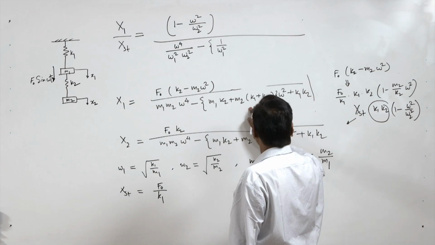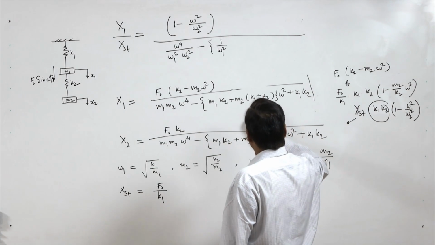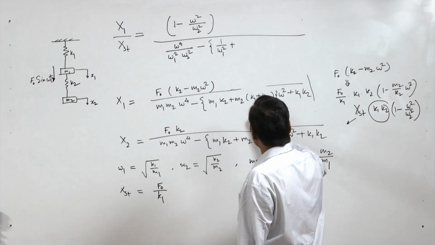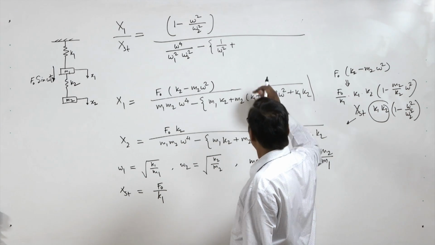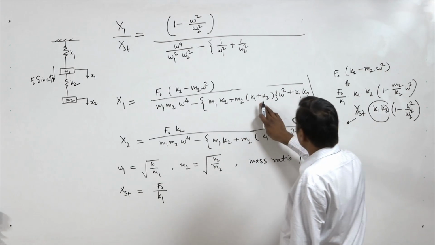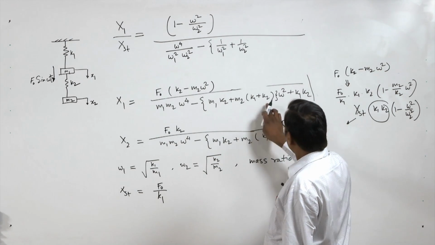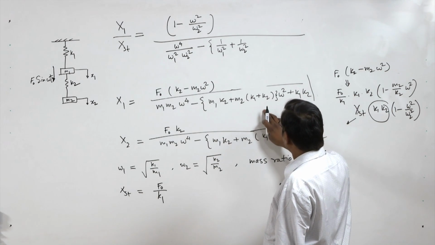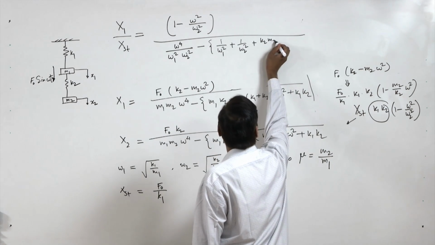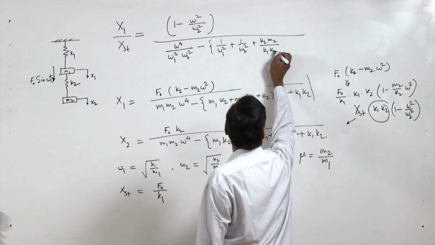Here again we will have m2, so m2 k1 by k1 k2, so m2 by k2, so it is 1 by omega 2 square, and this is k2 m2 by k1 k2.